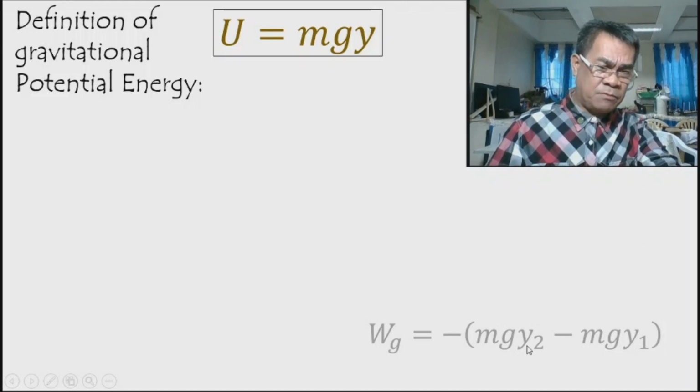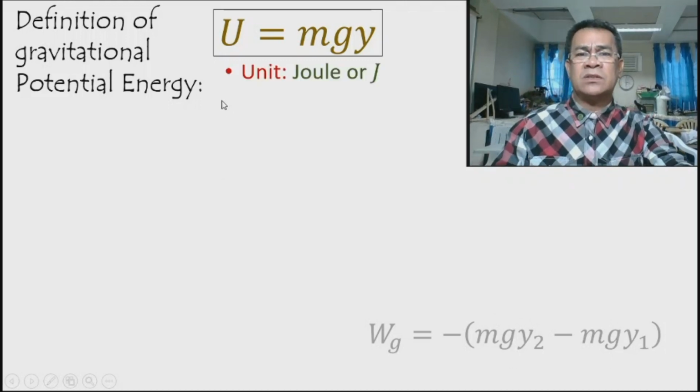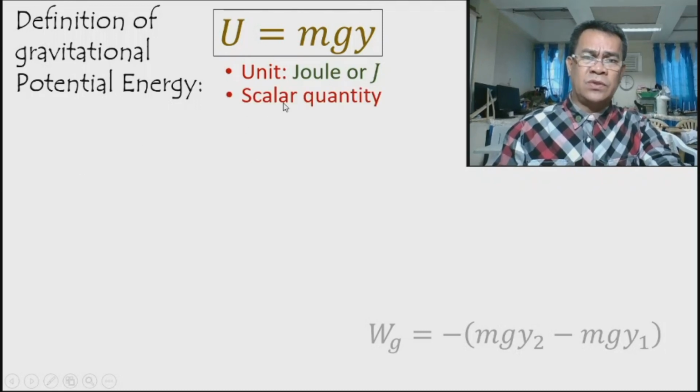So this is, because this is subscript, this should be U2 and this is U1, or the final potential energy, and this is the initial potential energy. Okay? Remember, this is energy. So therefore the unit should be in joule or big letter J. And this is again, because energy, it is a scalar quantity. So again, there is no direction because this is a scalar quantity.